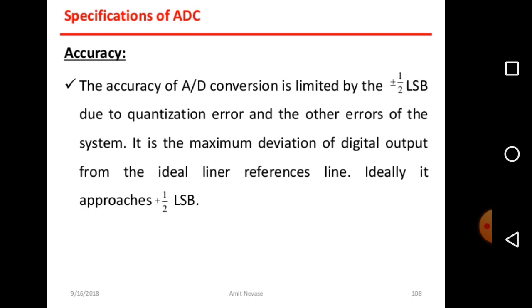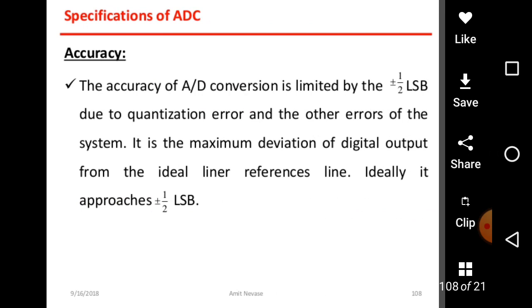The accuracy of A to D conversion is limited by plus or minus half LSB due to quantization error and the other errors of the system. It is the maximum deviation of the digital output from the ideal linear reference line. Ideally, it approaches plus or minus half LSB.